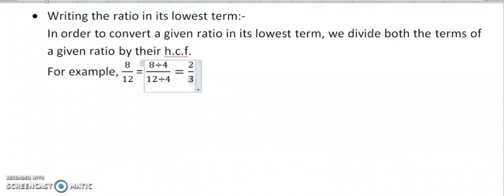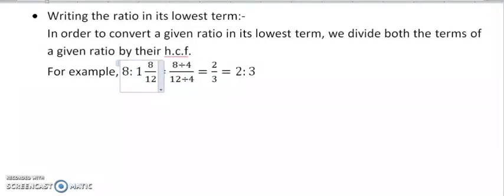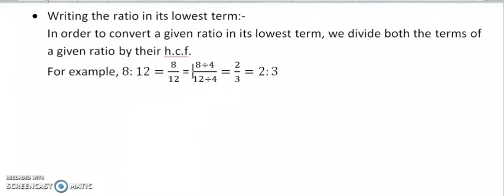So this is the simplified form which can be written as 2 is to 3. Clear? So the ratio 8 is to 12 is a fraction given by 8 by 12 and which is simplified as 8 divided by 4, 12 divided by 4, 2 upon 3 or 2 is to 3.